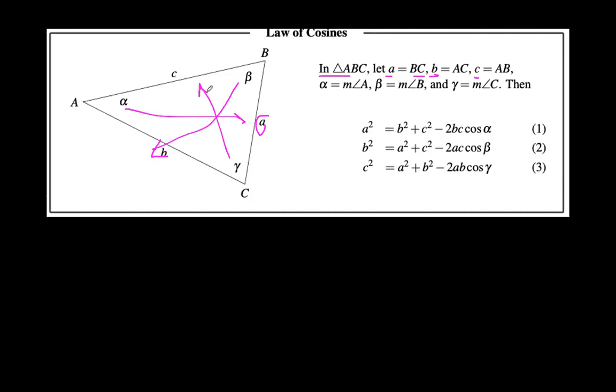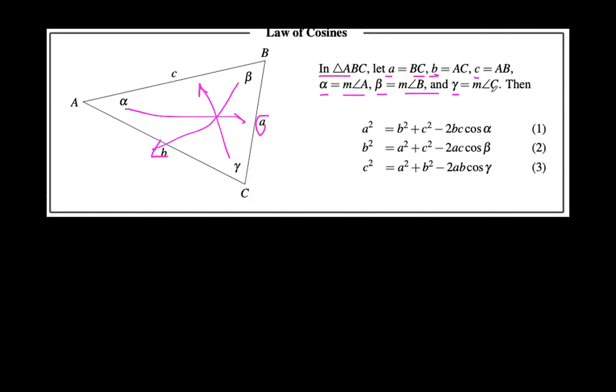You better do it properly such that you will not be messing up with the formula, okay? And also the pattern that we made before when we discussed the sine law. So here, alpha is equal to the measure of angle A, beta is the measure of angle B, and gamma is the measure of angle C.